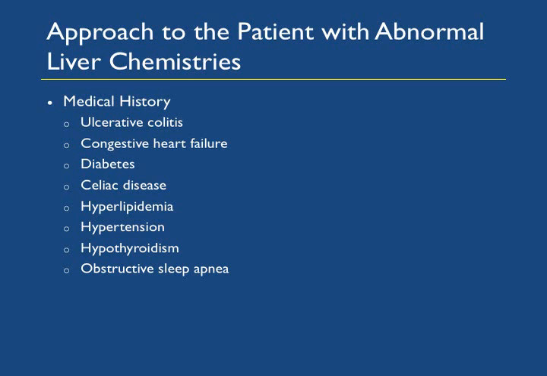Congestive heart failure is a major cause for abnormal liver chemistries. Diabetes, likewise. Celiac disease, as mentioned previously, and then hyperlipidemia, hypertension, hypothyroidism, obstructive sleep apnea, along with the diabetes, puts patients at risk for non-alcoholic fatty liver disease in addition to underlying obesity as part of the metabolic syndrome.